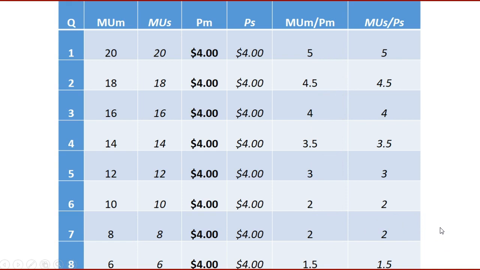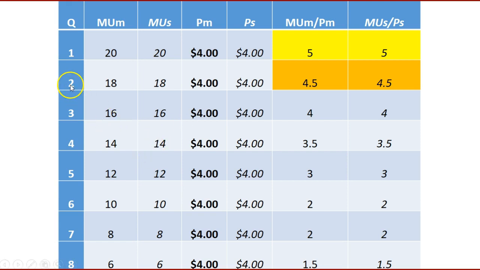Alright, so what combination should we buy? Which ones give us the most happiness per dollar? Well, 5 units of happiness per dollar for both the first Mars bar and the first Snickers. 4.5 units of happiness per dollar for both the second Mars bar and the second Snickers. Should we keep going? Well, what was our budget? $16.